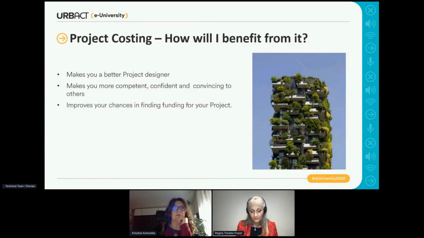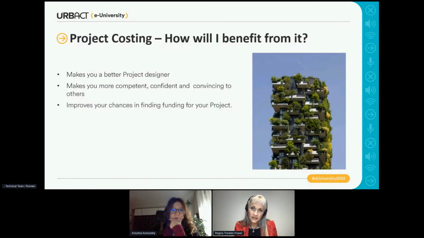And while you need time and effort for learning, this will reward you. Spending this time thinking it through will make you a better project designer and manager at the end of the day, because you have this knowledge of detail in your project.